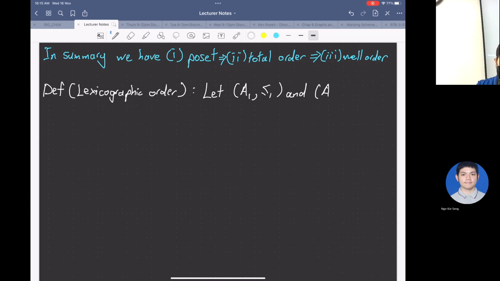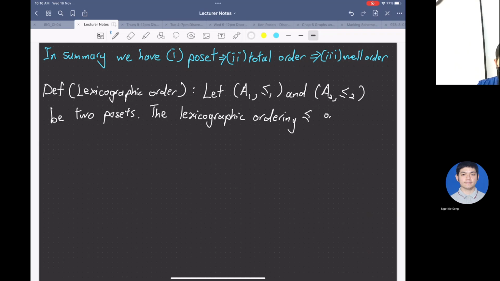Given two posets, how do you define the lexicographic order? You need to tell me how two elements in the Cartesian product are comparable. So let's say we take two elements from the Cartesian product.